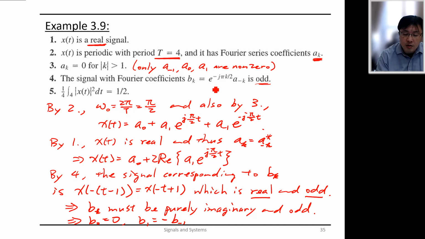So the signal corresponding to this Fourier series coefficient should be x with the time reversal shifted by 1, in other words, x of minus t plus 1. And we know that this signal is real and odd by the first and fourth property. So if the signal is real and odd, then its Fourier series coefficient must be purely imaginary and odd, which means that b0 must be 0 and b1 is equal to minus b sub minus 1.